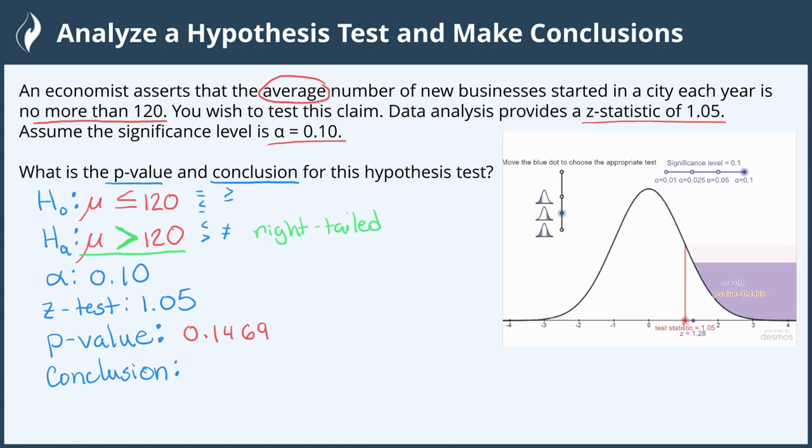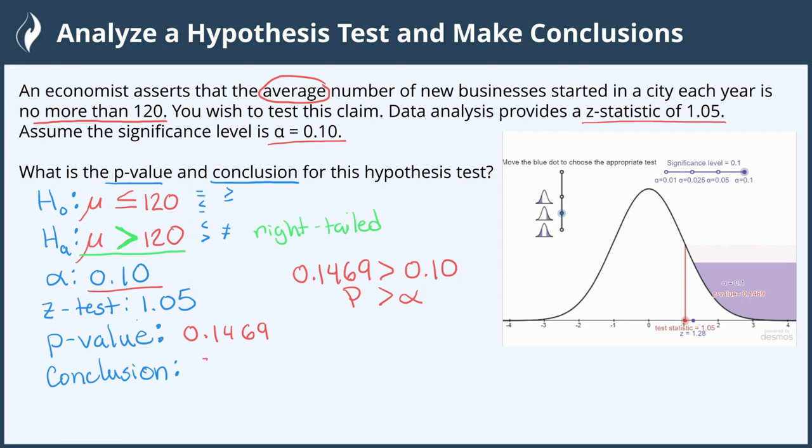We were asked to find the p-value, so we have 0.1469. And now we can compare that to alpha. 0.1469 compared to our alpha or significance level of 0.10 shows that our p-value is larger than alpha, and it puts it outside of the rejection region.